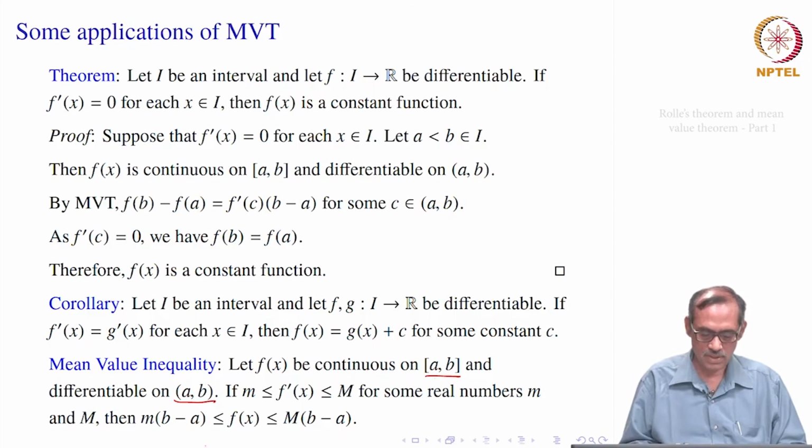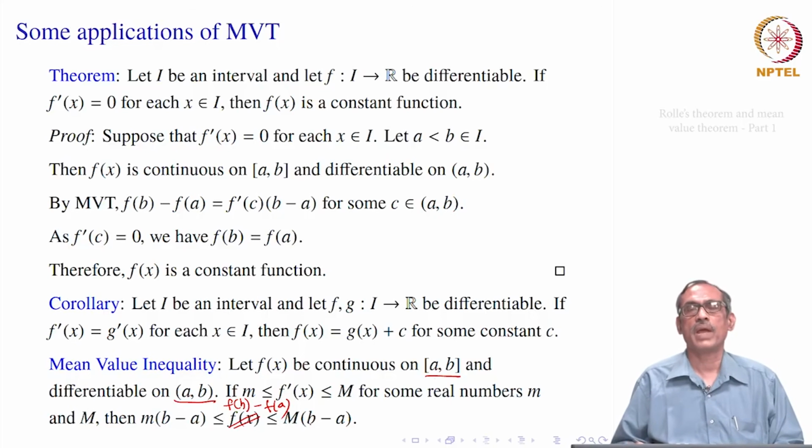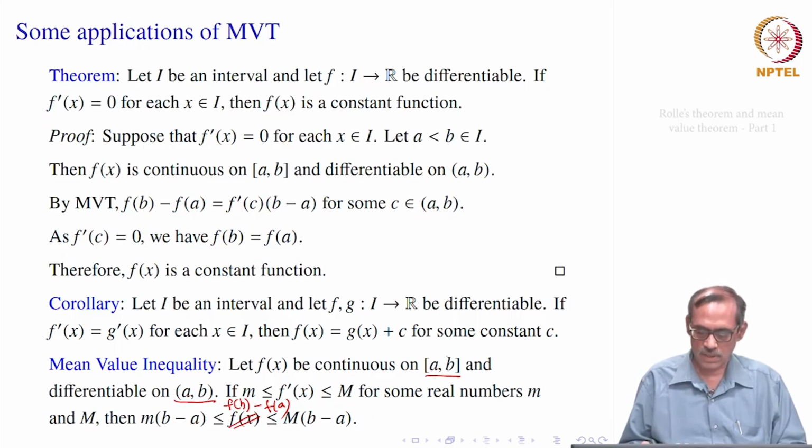Then what happens? There is some mistake here, it is not f x. We can write m into b minus a is less than or equal to f b minus f of a is less than or equal to capital M into b minus a. Of course, it is done for a b only.